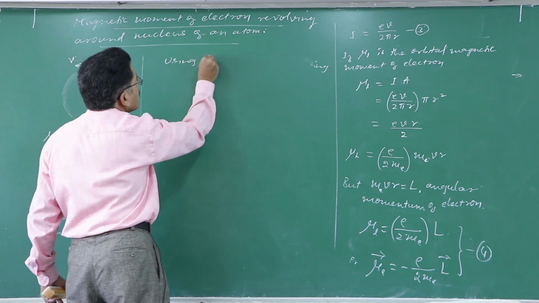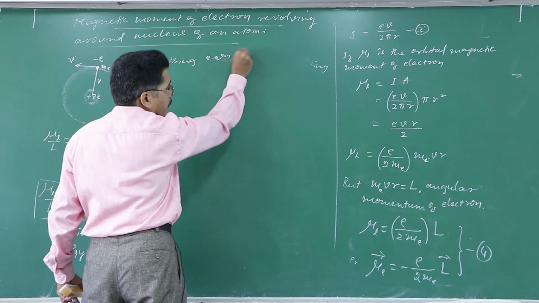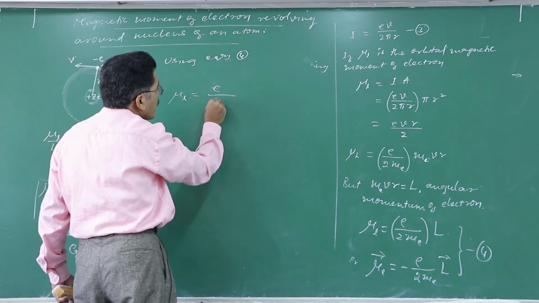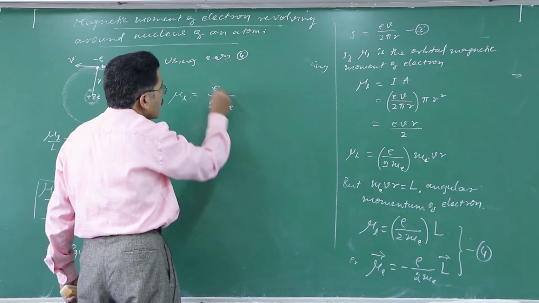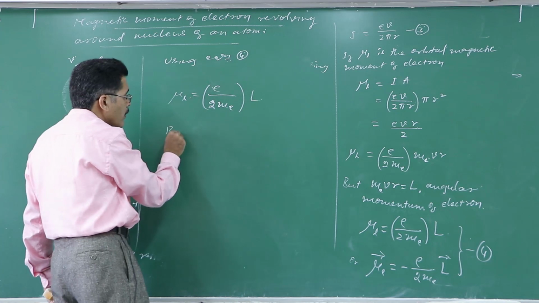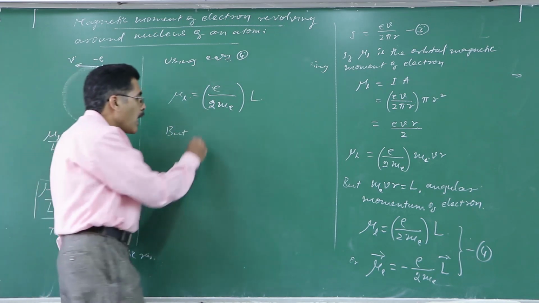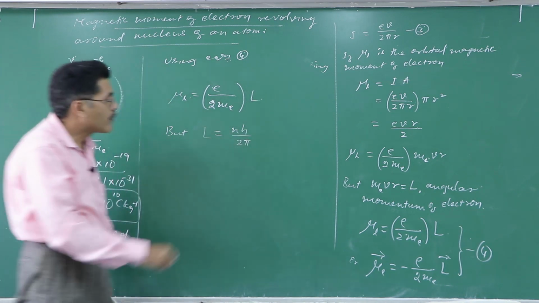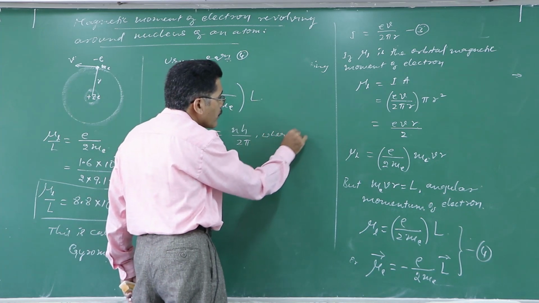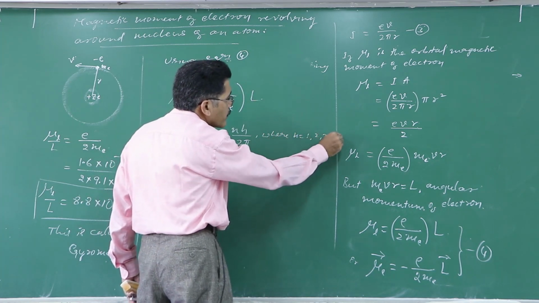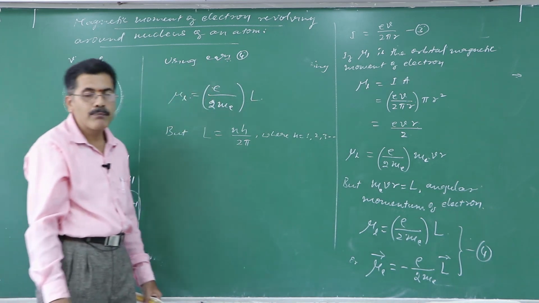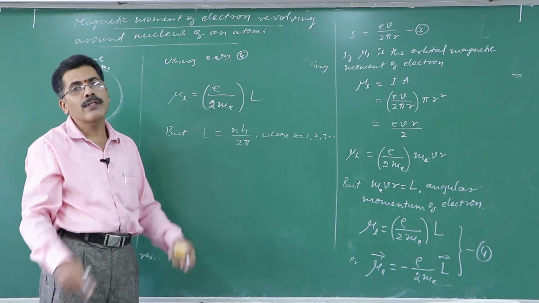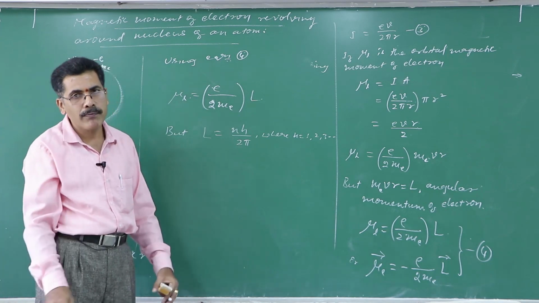Using equation 4, mu L is equal to e by 2me into L. But you know that according to Bohr's theory, angular momentum is quantized, nh by 2 pi, where n is equal to 1, 2, 3, etc. It means an electron cannot revolve in any arbitrary orbit.